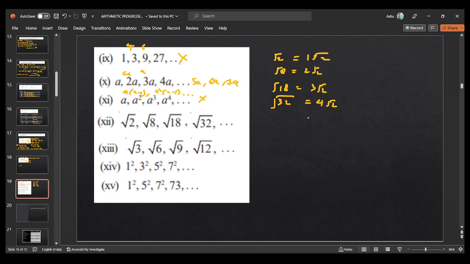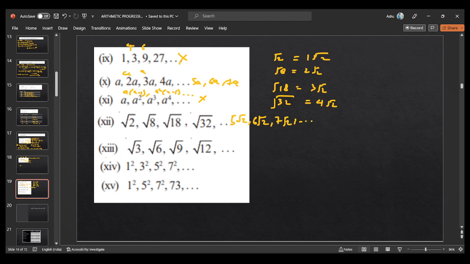So the next terms will be 5 root 2, 6 root 2, and 7 root 2.